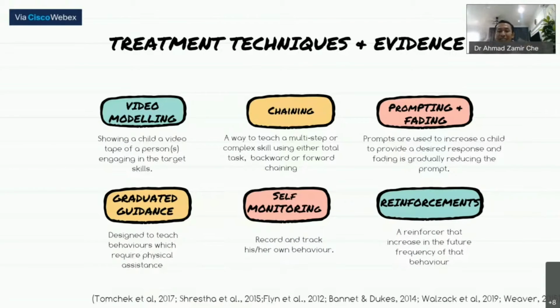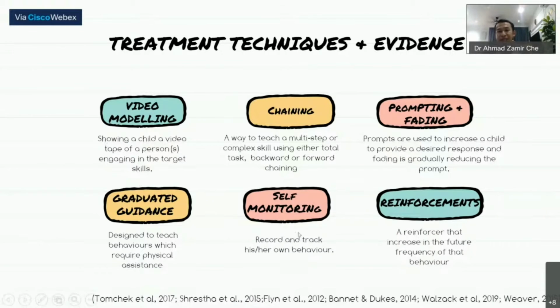You can use a reinforcer in order to encourage the target behavior. It can be praise, a positive word, a sticker, a token, or an activity that the child likes. Okay, so we have a few classifications of reinforcement.